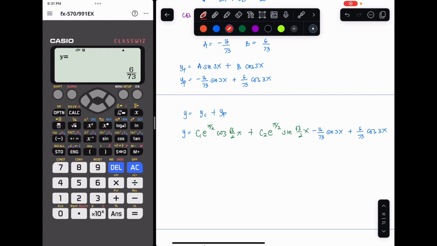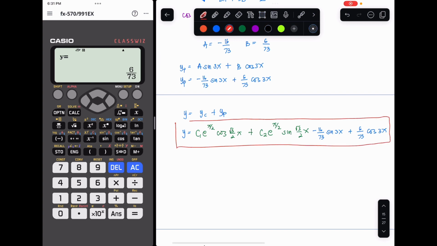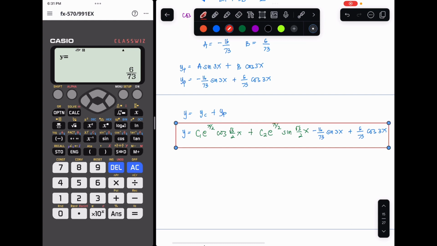So our general solution will look like this: C1 e raised to x over 2 cosine of 3 over 2 x, plus C2 e raised to x over 2 sine of 3 over 2 x, minus 16 over 73 sine 3x plus 6 over 73 cosine 3x.